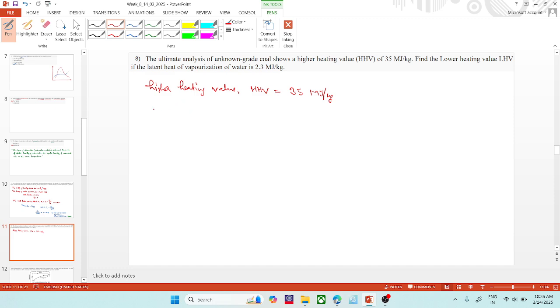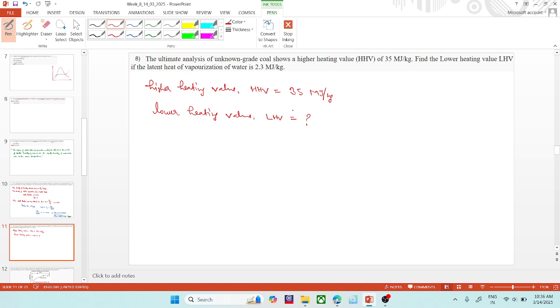The lower heating value, LHV, we have to find out.